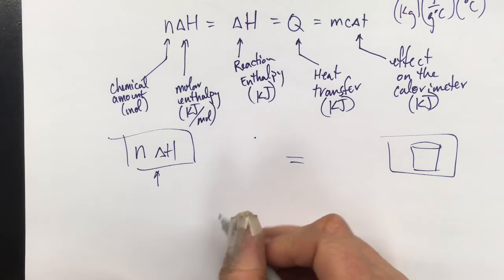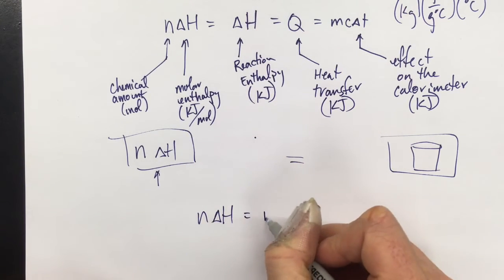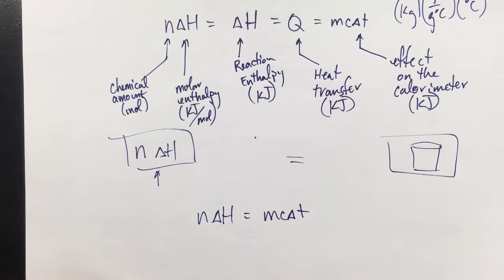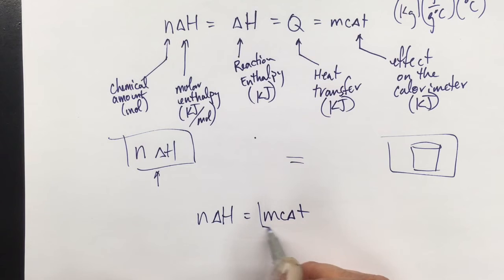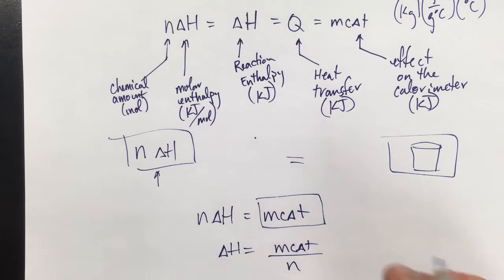So if the number of moles times the molar enthalpy equals mc delta T, then it gives us a lot of power. As long as I can calculate the mc delta T, if I want to find the molar enthalpy, it'll be mc delta T divided by n. Again, this is fine.